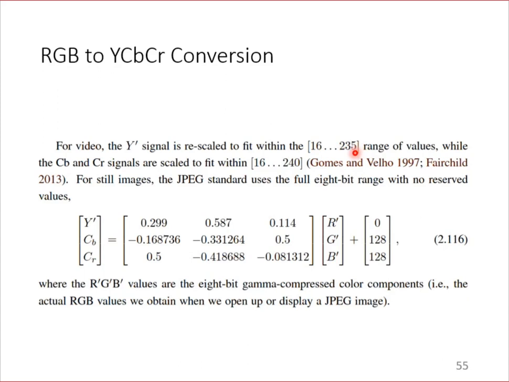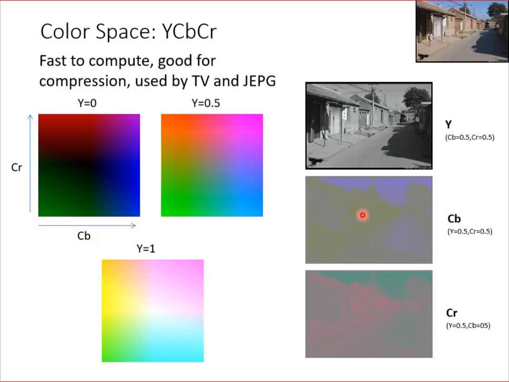But why do they define those numbers in range? Because this color space was defined to be very useful for TV and the JPEG format. They want to highly compress the data, and they don't need the full range.